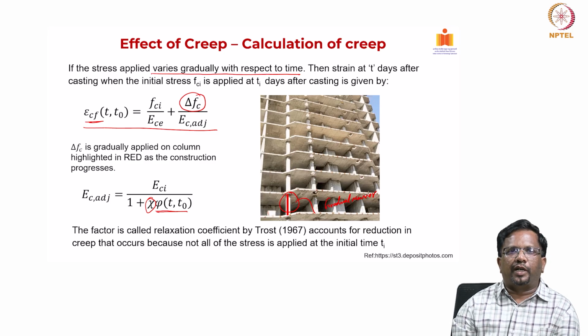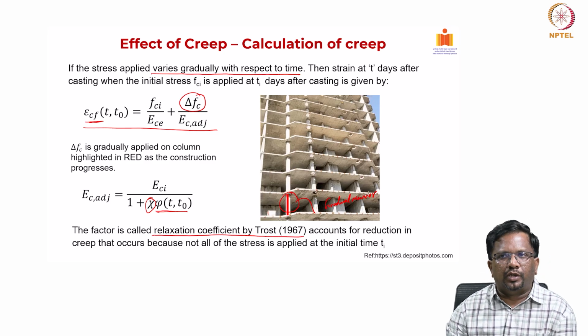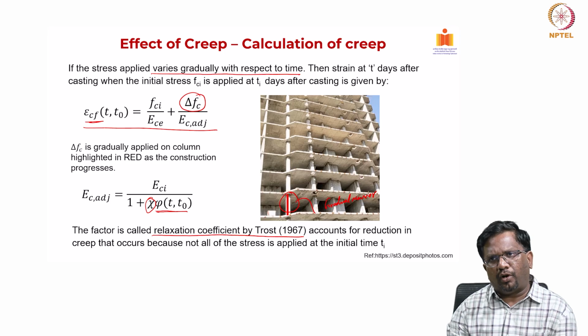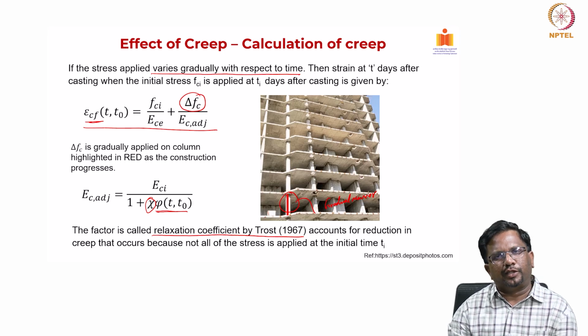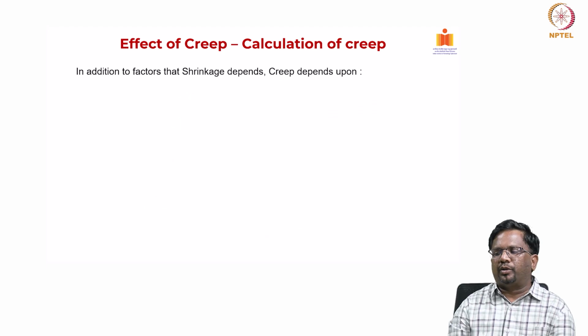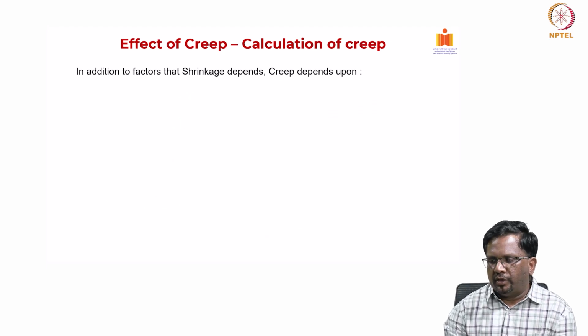That factor is called a relaxation coefficient, developed by Trost through his experiments, and it accounts for the reduction in creep, because not all the stress is applied at the initial time Ti. Now, let us look at how the codes actually calculate the creep.